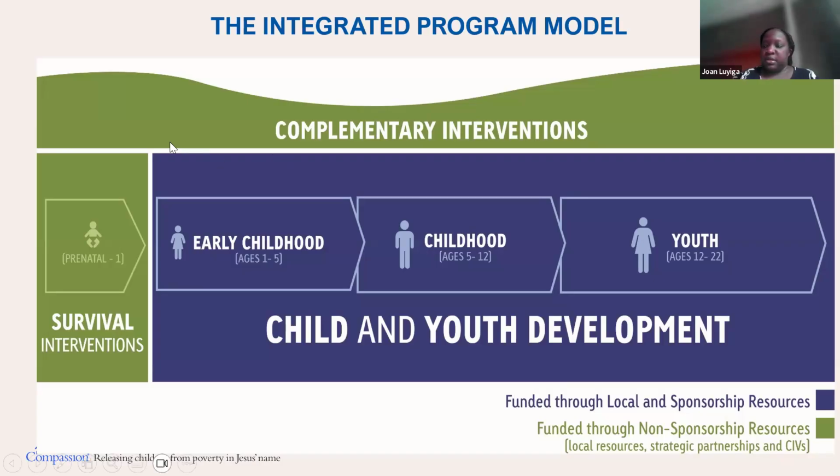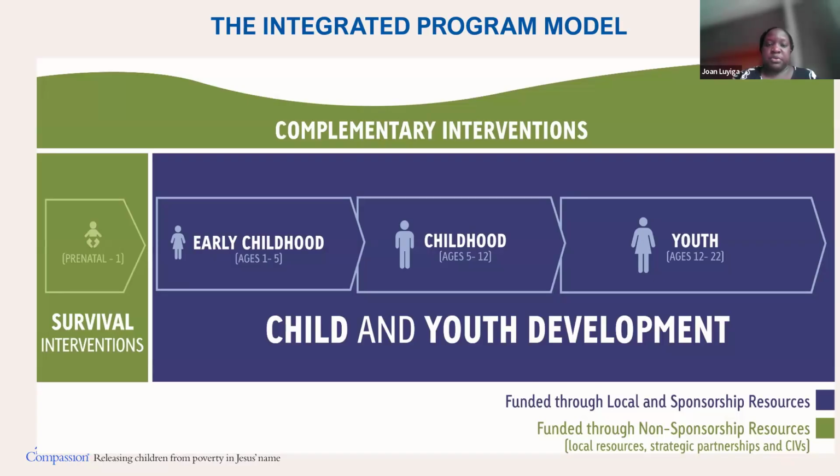So we have two categories of participants. We have what we call the survival participants, and then we also have sponsorship participants. This categorization is really about the age and also the way funding comes in for that program type.